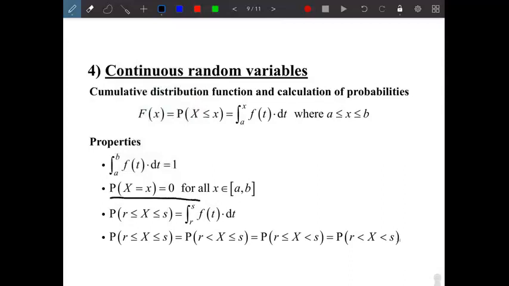Now, if we're studying the height of students in a class, and I come up and say, what's the probability that one of you has a height equal to 172.3?